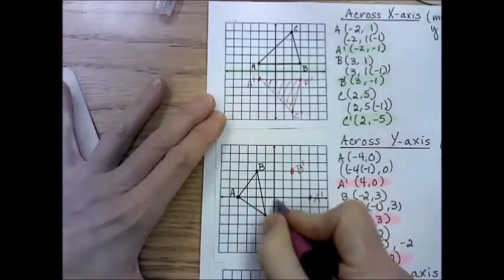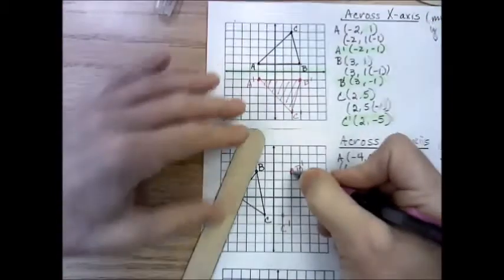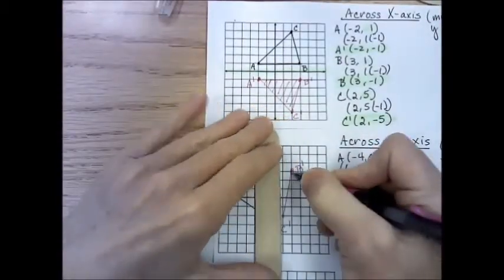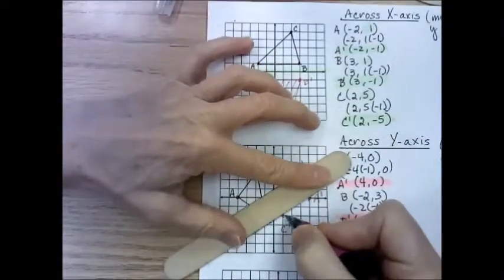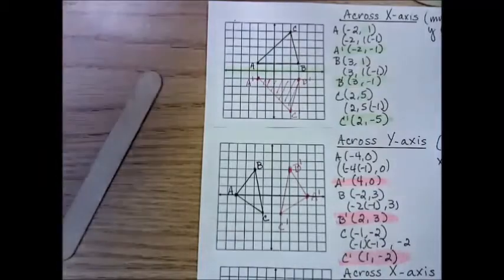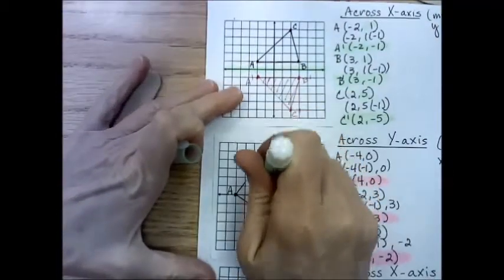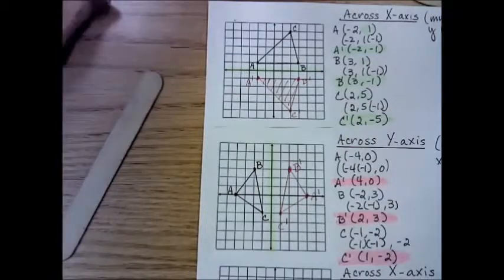And C prime would be at 1, negative 2. And when we connect our vertices here, there we see our reflection across the y-axis. So we get that mirror image on the other side of y.